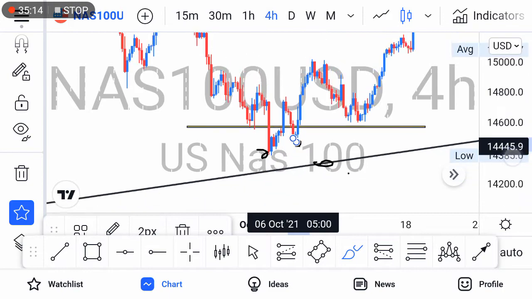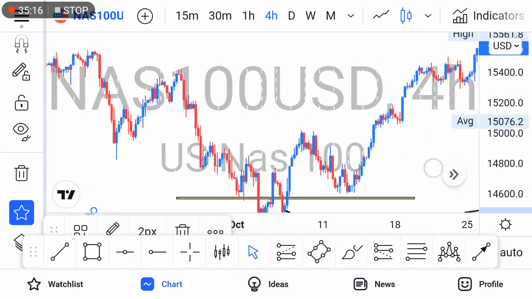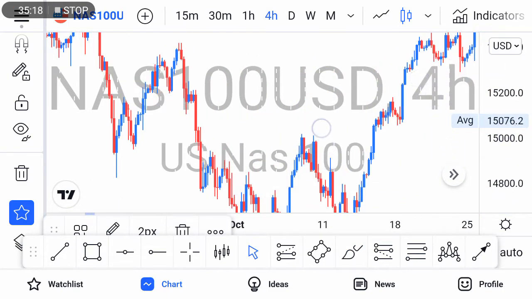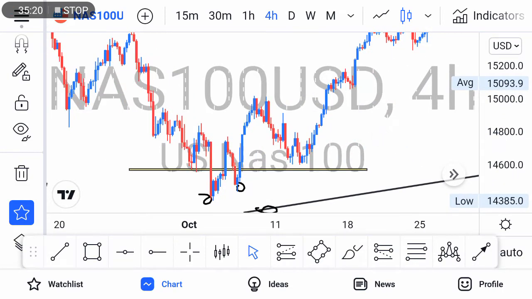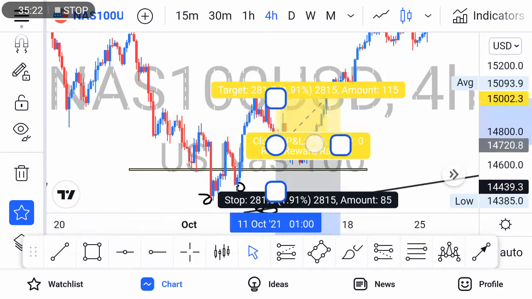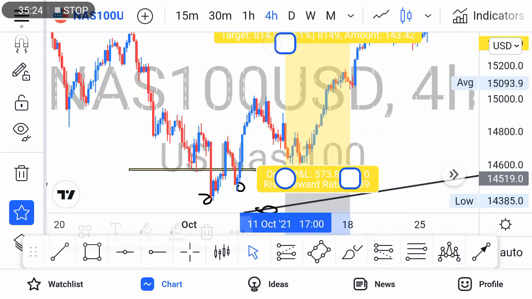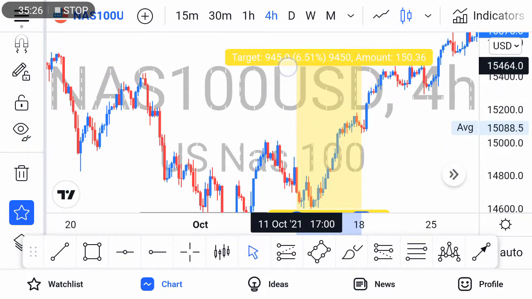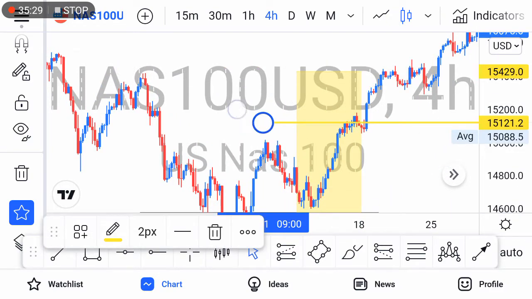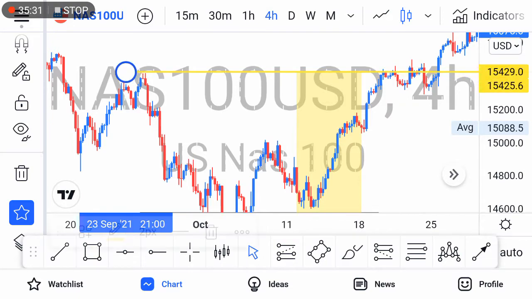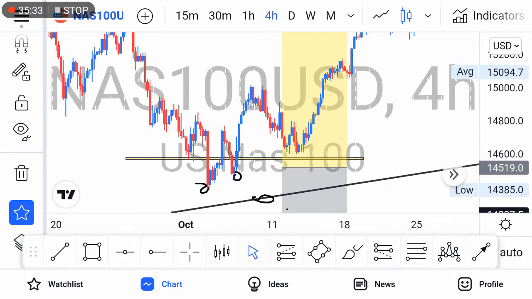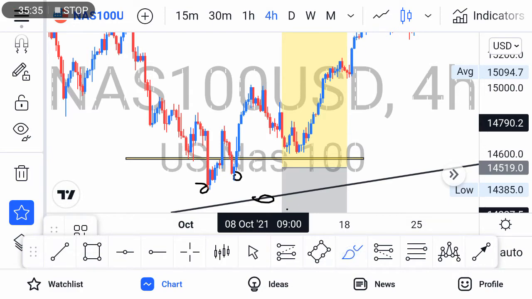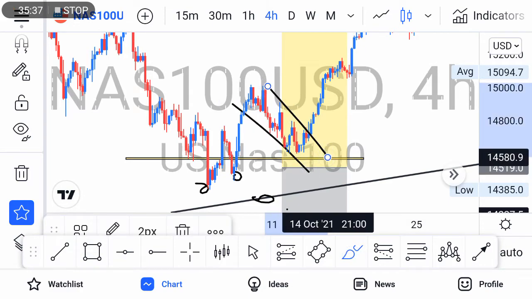That is our double bottom, and here is our retest. So this is where we're gonna enter, and we're gonna target here. This is our retest, and here's our target.